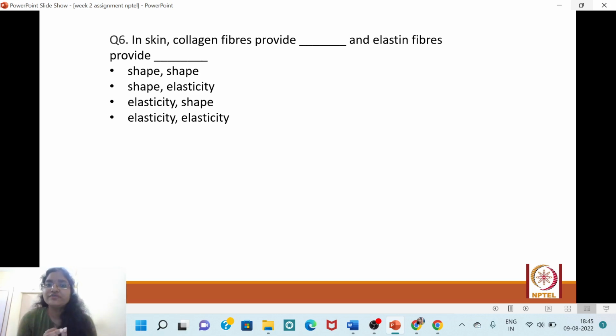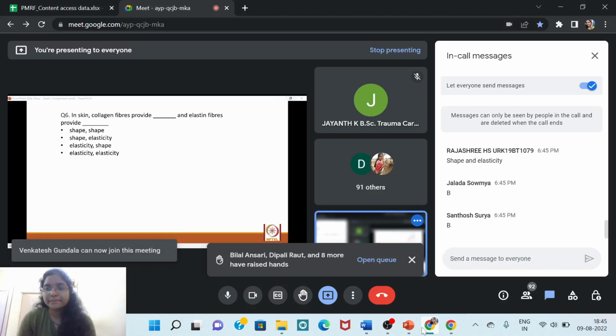So do collagen fibers and elastin fibers both provide shape, or either of them provide shape or elasticity, or both of them provide elasticity? Shape and elasticity. Okay, most of you are giving the answer option B.